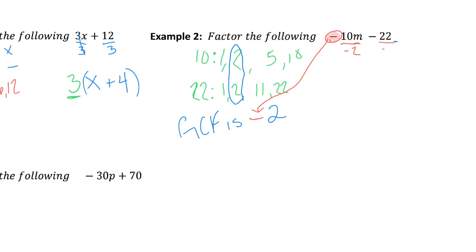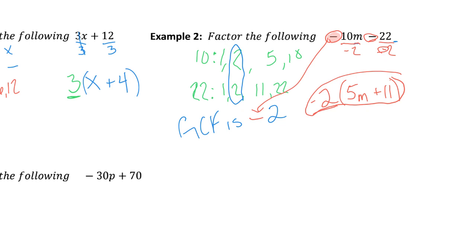So negative 10m divided by negative 2 is a positive 5m. Then negative 22 divided by negative 2 is a positive 11. I put these in parentheses, and then out front comes my GCF of negative 2. So this is my answer.